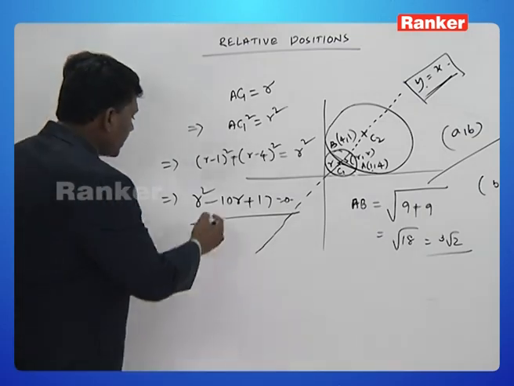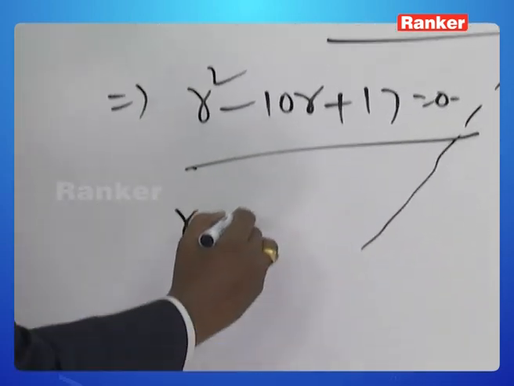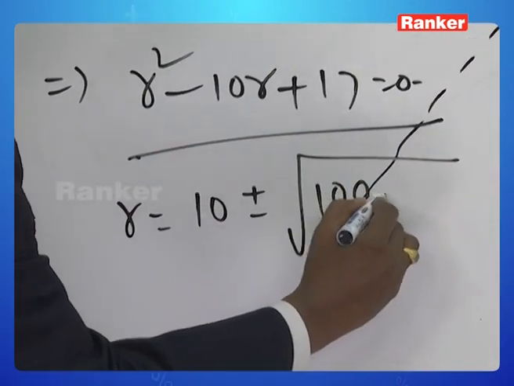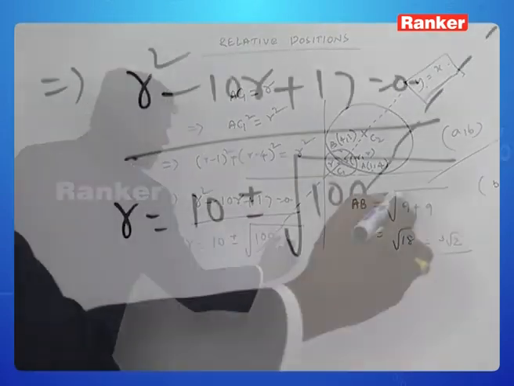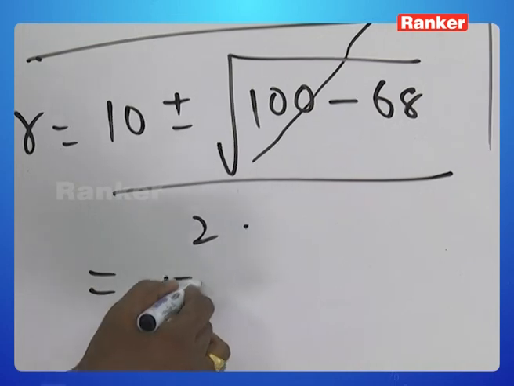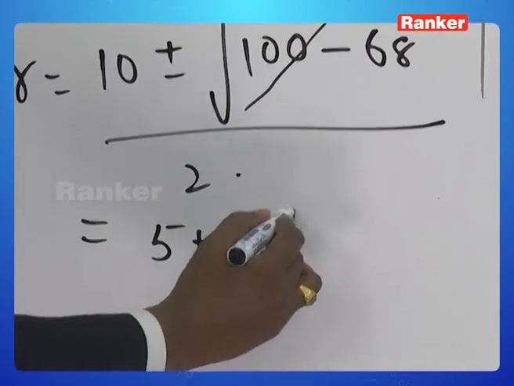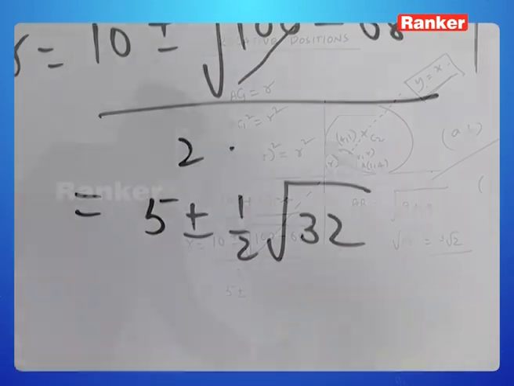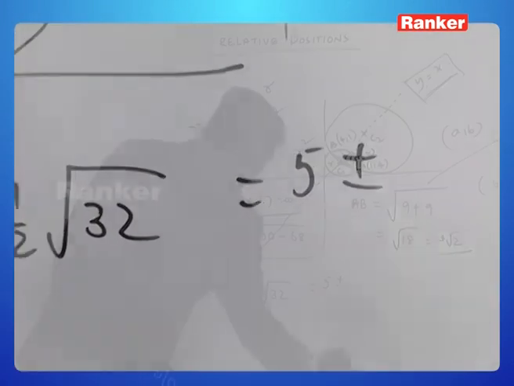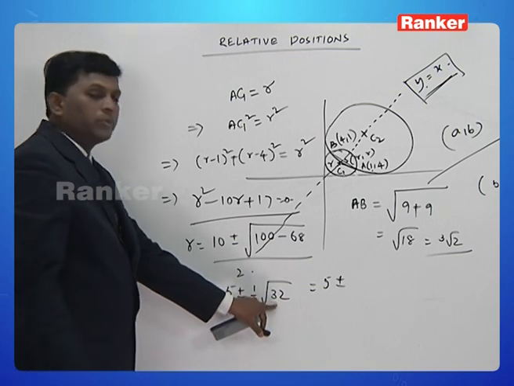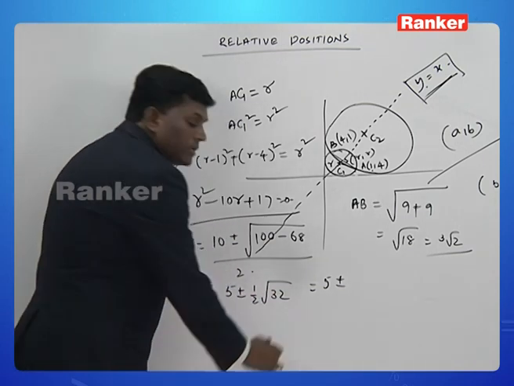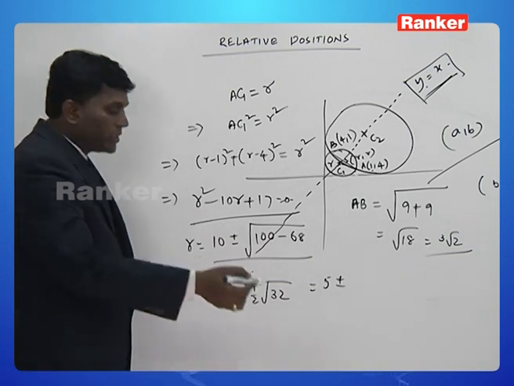So we can find out the roots of this. r equals minus b plus or minus root b square minus 4ac by 2a. So 10 by 2 is 5, plus or minus 1 by 2 into root of 32. We can write 32 as 16 into 2.